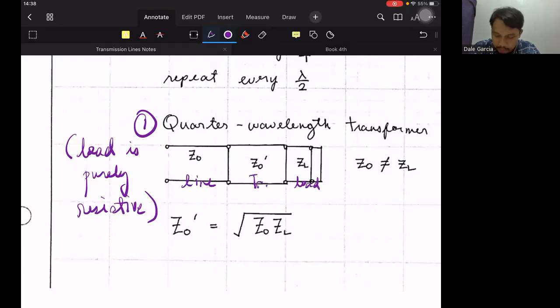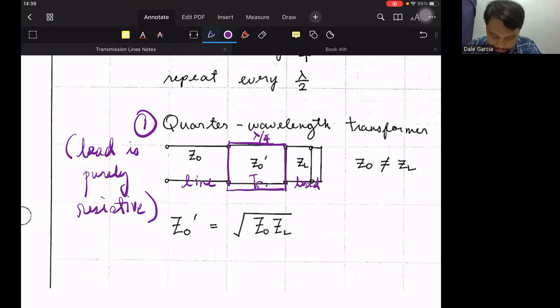Its length is exactly 1/4 wavelength long, so you do not need to compute for the length. The 1/4 wavelength is already it.